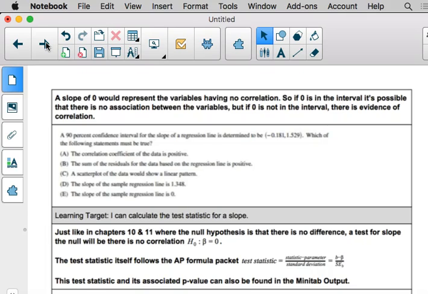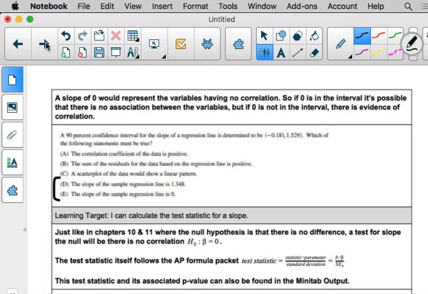So a 90% confidence interval for the slope of a regression line is determined to be negative 0.181 up to 1.529. Which of the following statements is true? All right, so this one takes a little bit to wrap our minds around. Now what I notice, two of the questions reference the slope of the sample regression line, okay?